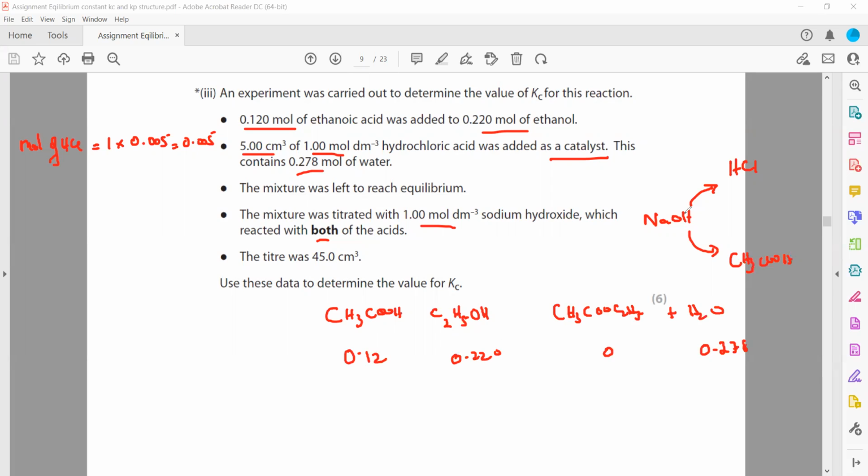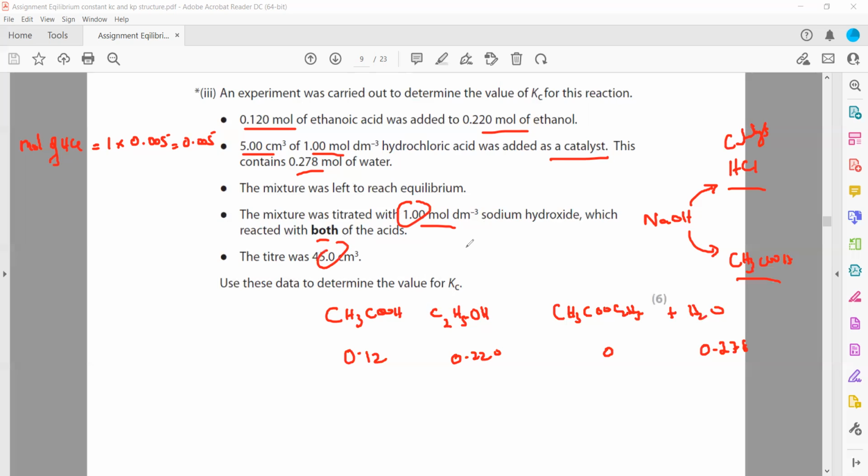Now what happened when we add sodium hydroxide? Sodium hydroxide reacts with the hydrochloric acid, which was a catalyst for the reaction, and it also reacts with ethanoic acid. First, hydrochloric acid has 0.005 moles, and the sodium hydroxide concentration is 1 and the volume is 45.